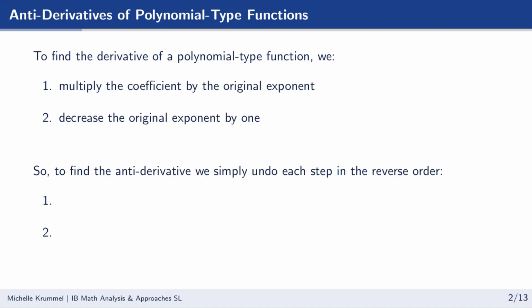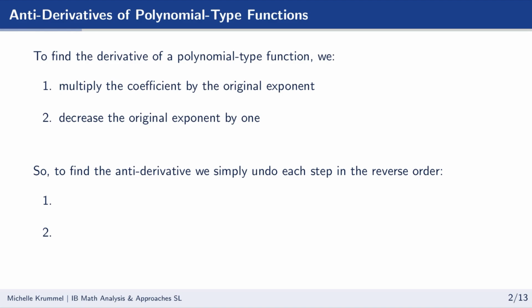So let's recall how we take the derivative using the power rule. Step 1, we multiply the coefficient, if there is one, by the original exponent, and then we decrease the original exponent by 1, meaning we subtract 1 from the exponent. That's how we use the power rule to find the derivative of a term in a polynomial type function.